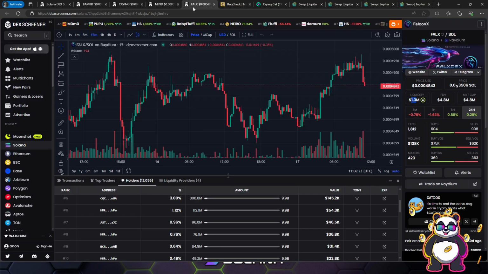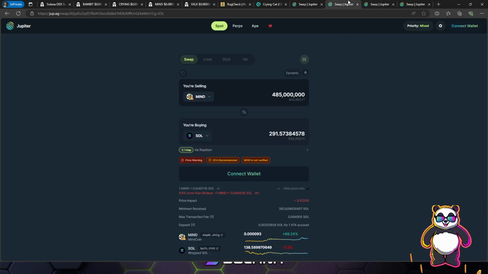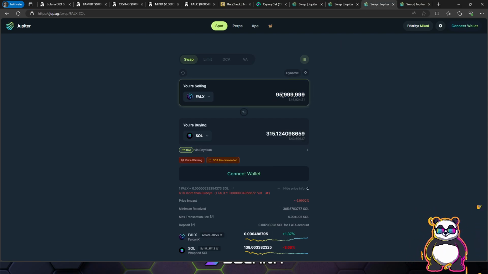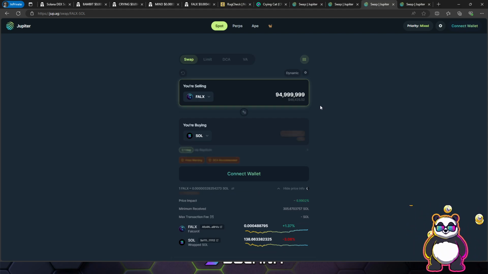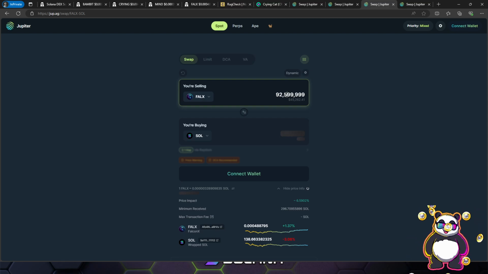And let's check another one, Falcon X, which has a very strong liquidity pool. Let's do the same one, 45.2. It's going to be a bit less than 1% of supply, but you still get the point.